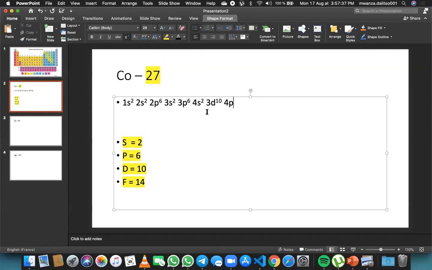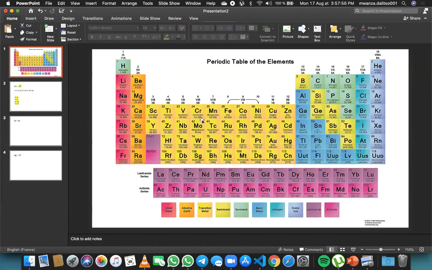What I advise you to do is, I don't know if in your exams you'll be given periodic tables, but you should at least have a visual perspective of how the periodic table looks. Cobalt is a transition metal, so it is found in the D block. For those that were not here in the morning, we said the periodic table is divided into blocks.